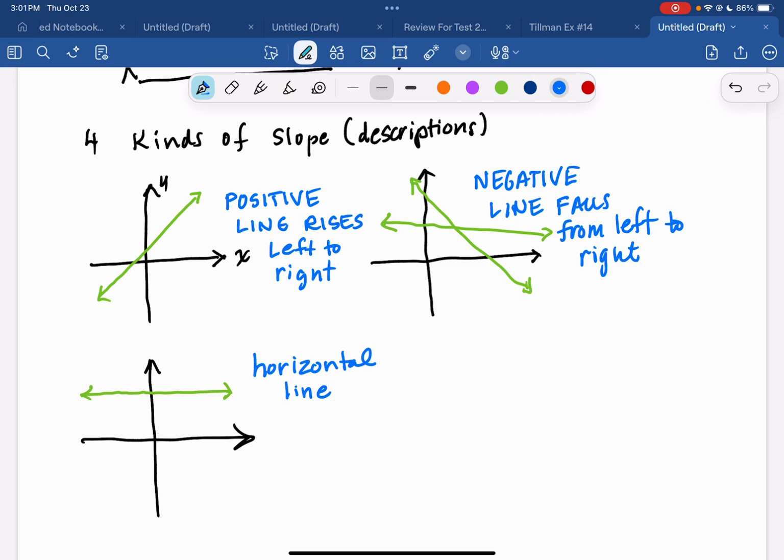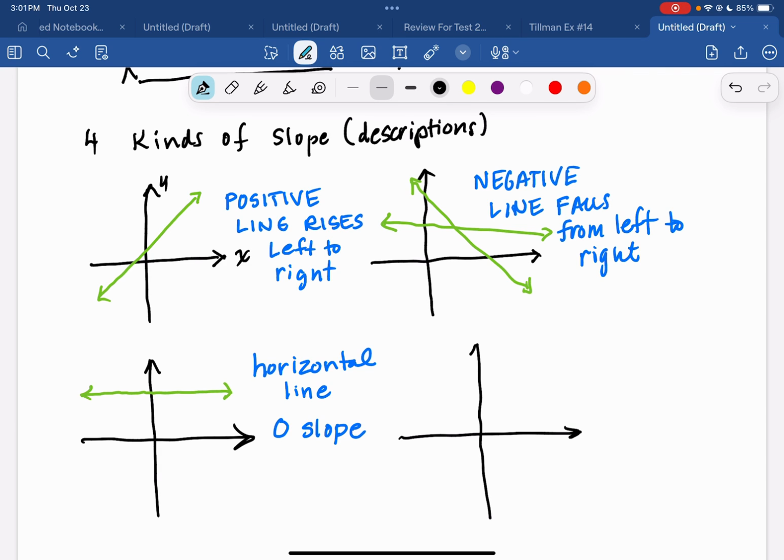And it is always going to be a 0 slope, literally the number 0. I'll talk to you why it's 0 in just a few minutes. But just know that if you're on a flat horizontal line, it's easy walking, and it's also a 0 slope.